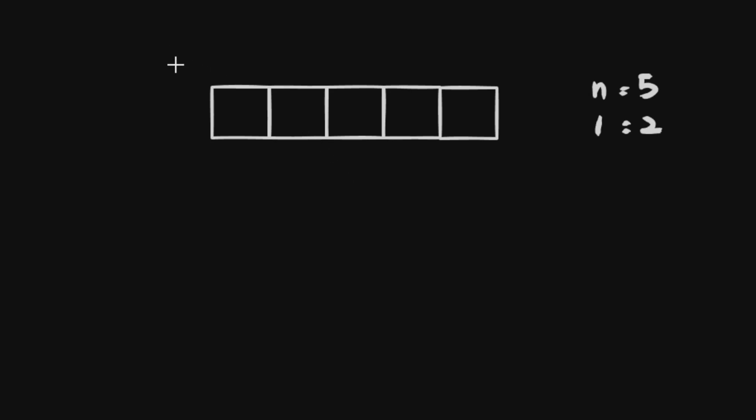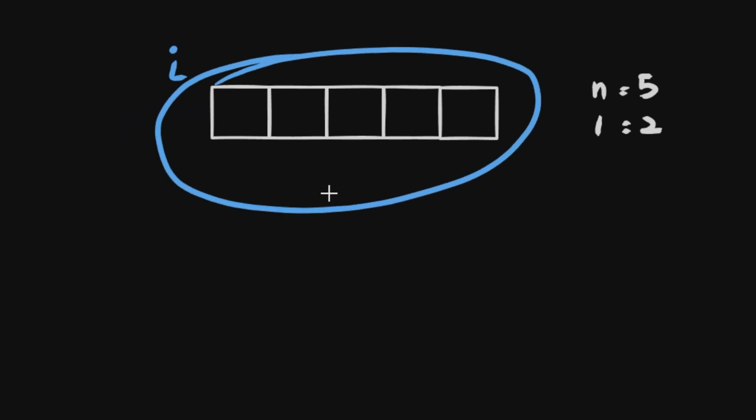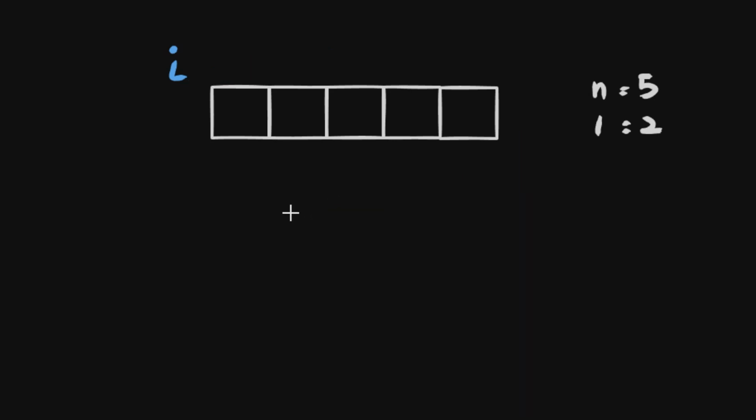So first the I pointer is here at index 0, and we will use this I pointer to fix the amount of candies that we are giving to the first child. First, we are giving no candies to the first child. This is empty, and we have 5 available candies. But the problem is that we have only 2 remaining children, and each child has a limit of 2.